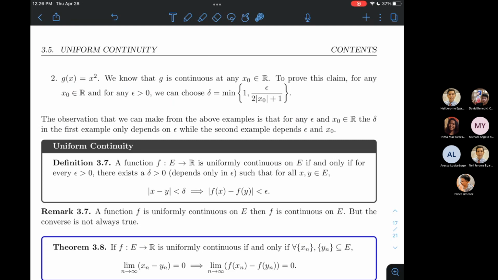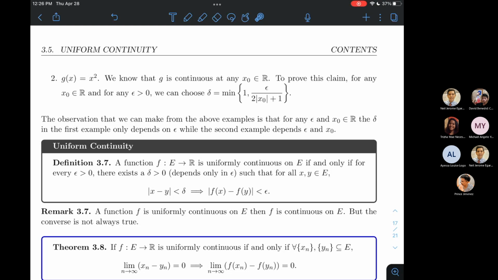Okay? And you see that obviously the choice for delta will now depend on x sub 0. And no matter how you do the preliminary analysis, your choice of delta will still depend on the choice of x sub 0. All right?